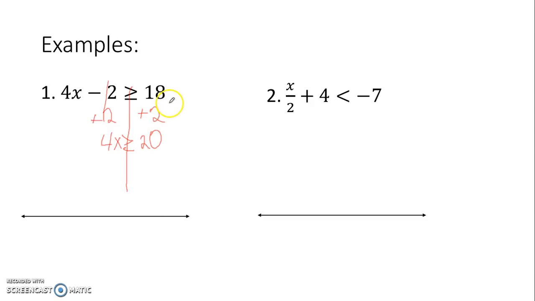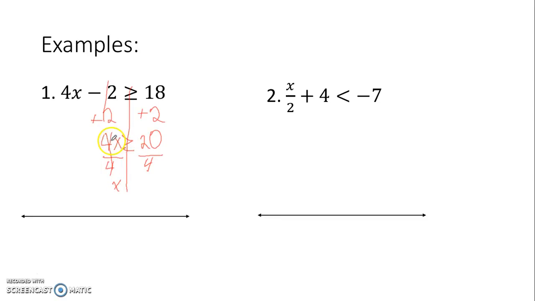Next step is to undo the multiplication or division, or to get rid of the coefficient. Right now we have 4x, and when it's smushed together, that means multiplication, so we need to divide to undo it. We have to divide both sides by 4. 4 divided by 4 cancels out to get just x.